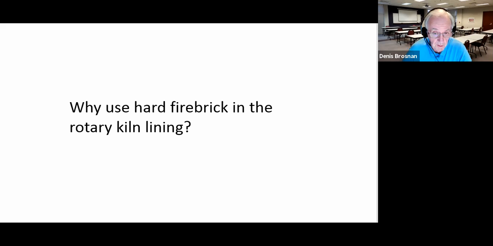Now, having said that, refractory suppliers are going to say, well, we make abrasion resistant castables that can be used. I understand that, but I was just trying to make this problem simple. And when you get into higher temperature kilns than those operating at 1800 degrees Fahrenheit, you're going to use more heat resistant refractories in the lining.